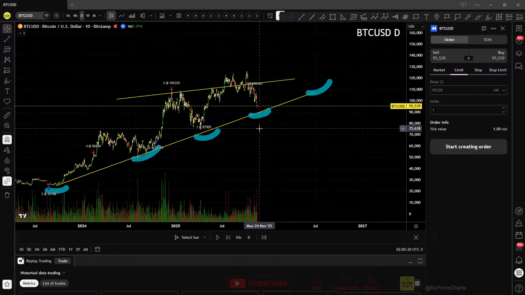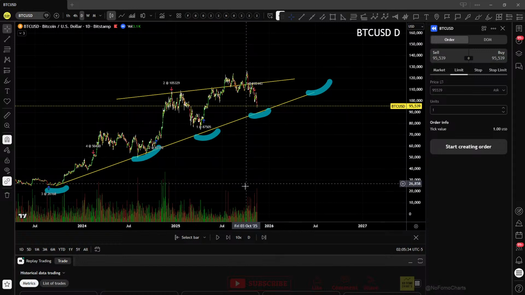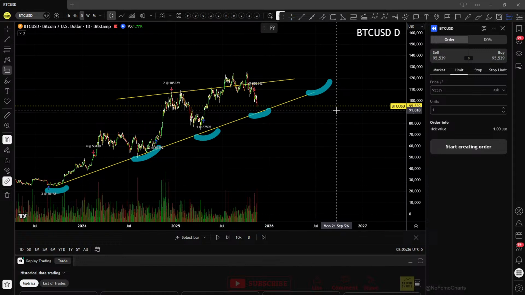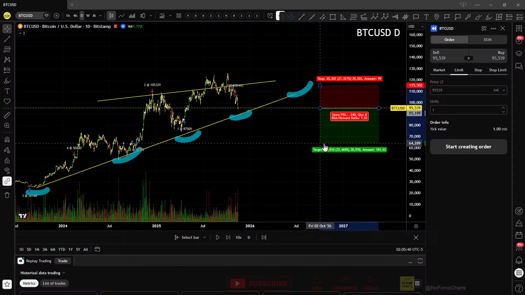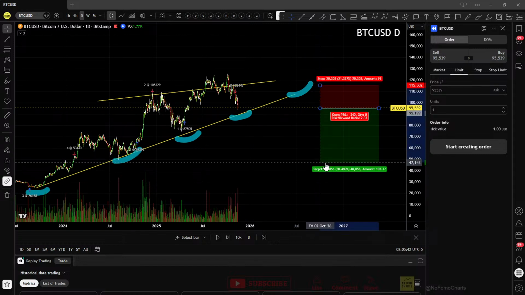So for me, in this example, I'm watching 88K. If 88K fails, maybe we should short Bitcoin. And this will be kind of wrapping up the swing trading, the position trading segment.